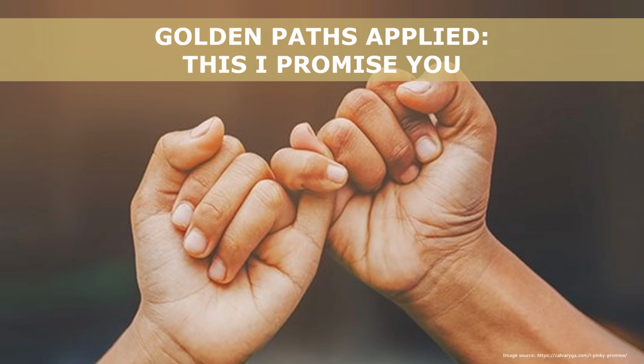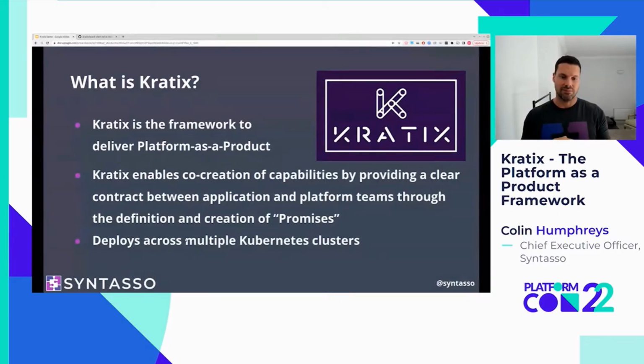How can we use golden paths in conversations? Like with IDPs, it would help us to have a powerful structure, lingo, and visualizations. Here's one concept, shaped by Kratix. The heart of Kratix, a framework for building platforms, are so-called promises.